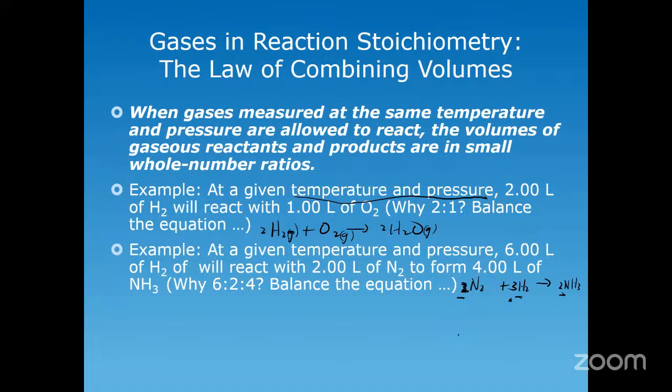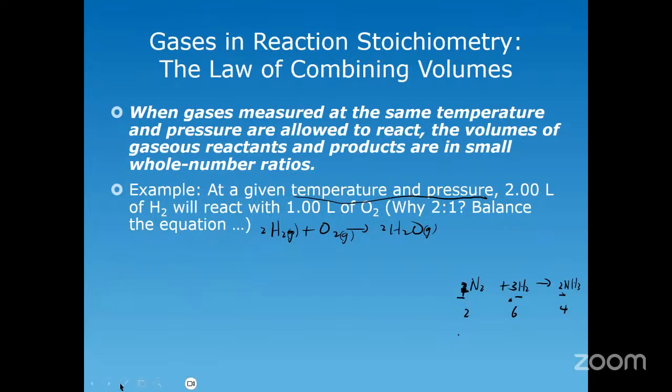So this is a 2 to 3 to 1 ratio, which is effectively the same thing as a 2 to 6 to 4 ratio in terms of moles and also in terms of volume, provided again that the temperature and pressure are the same for all the gases, all right?